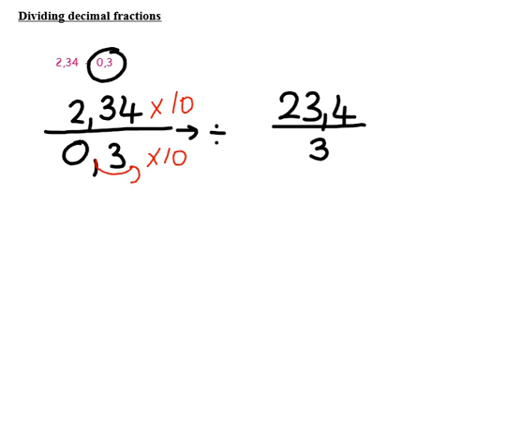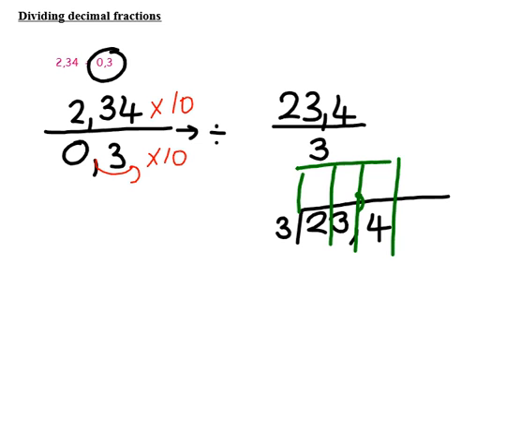I still like to divide using long division. So I'm going to say we are dividing that by 3. So 3 goes into 23,4. Okay, the first thing you do is you're going to put your comma in the correct place. Sometimes it even helps to draw blocks, because each of those need to be filled up.